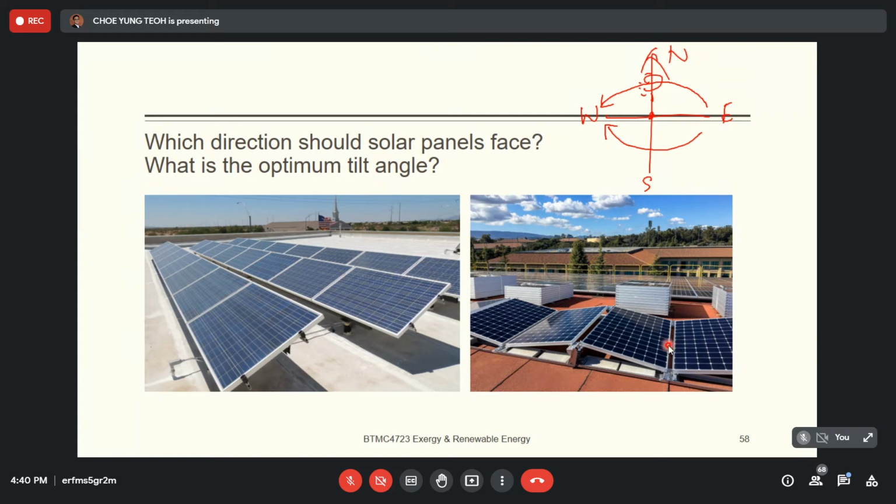But in Malaysia, this waveform arrangement is very good, because I think 55% of the day the sun will pass through the south, and maybe 45% of the day the sun will pass through the north. So it's actually very close.